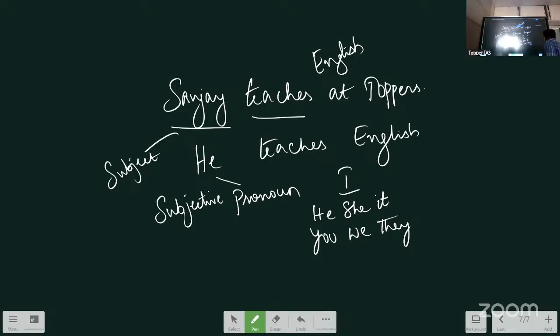Okay. Now let us learn more about other pronouns. For example, Sanjay shares notes.